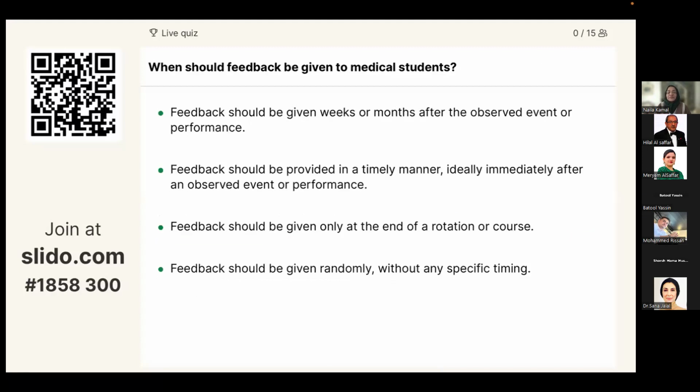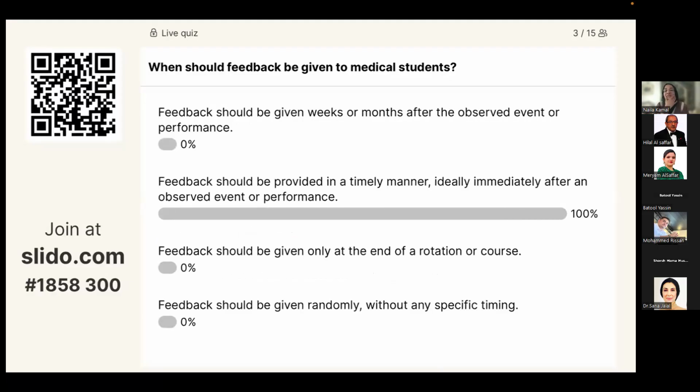Another one. When should feedback be given? Again, let's see. Quickly. Excellent. Timely manner, ideal. Now, this is again a bad example. Why? Not only because they can suss out, but also, can you see the weight of the options?